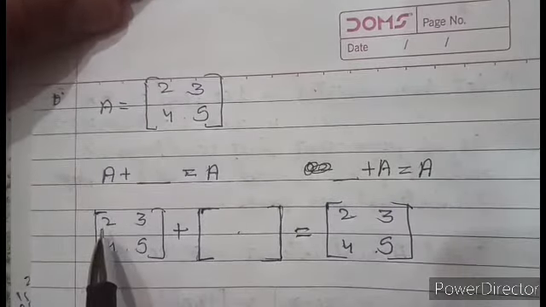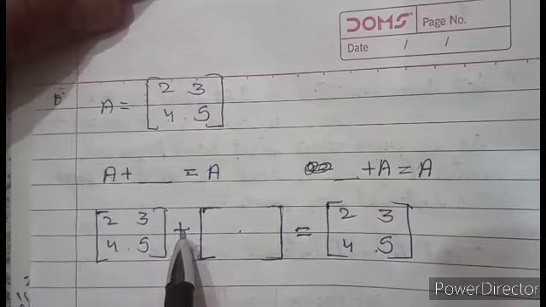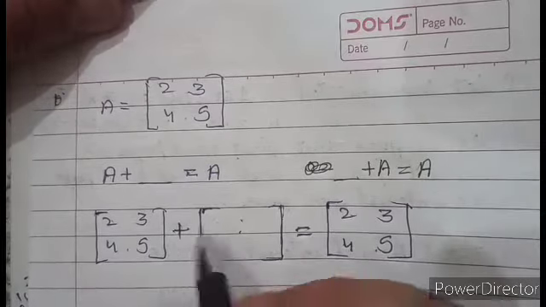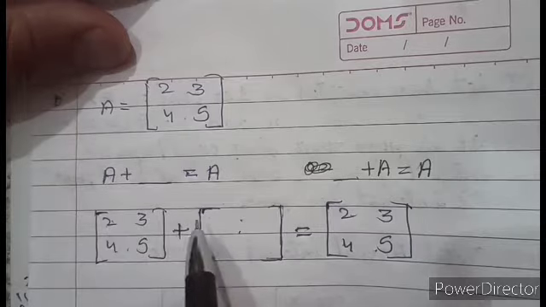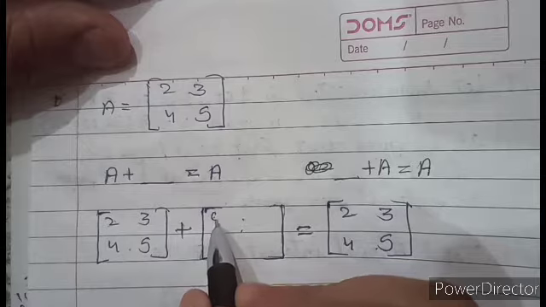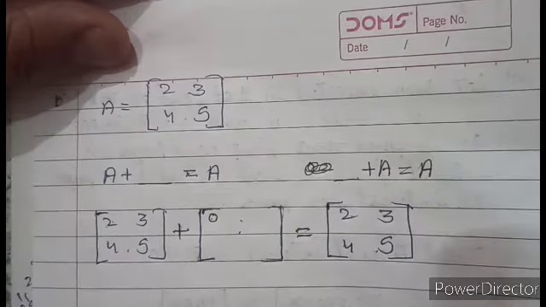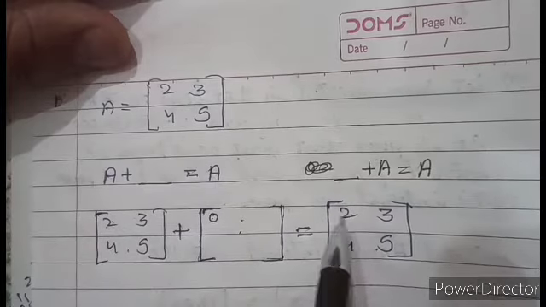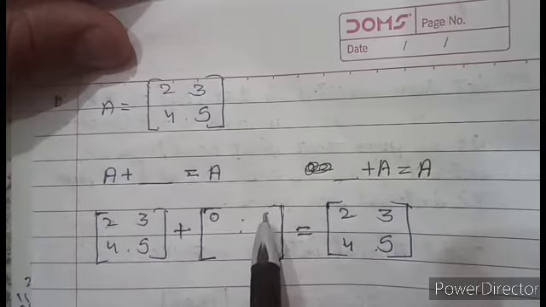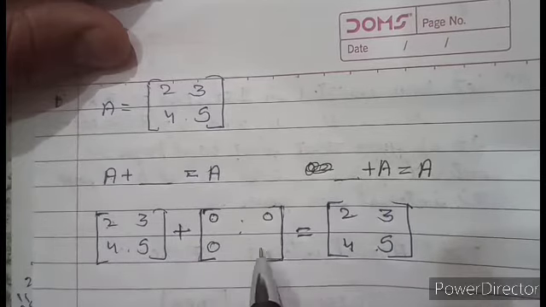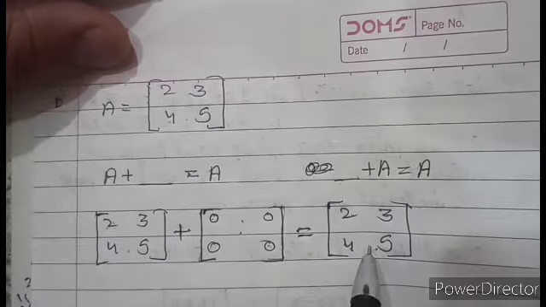As we know, in the sum of matrices the corresponding elements of the matrices are added. Now what should be added to 2 so that we get the result as 2? That means 2 plus 0 will be equal to 2. That means 0 should be added to 2 to get the result as 2. Similarly, 3 plus 0 will be 3, 4 plus 0 will be 4, and 5 plus 0 will be 5.